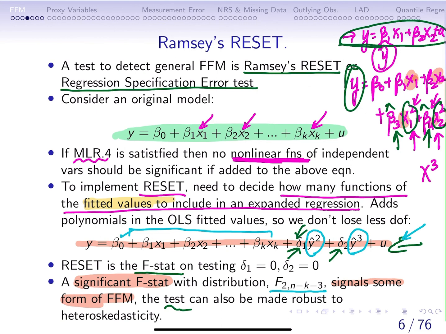We're estimating k coefficients for the x's, then we have one intercept and two coefficients on two of those deltas, so that makes it 3.